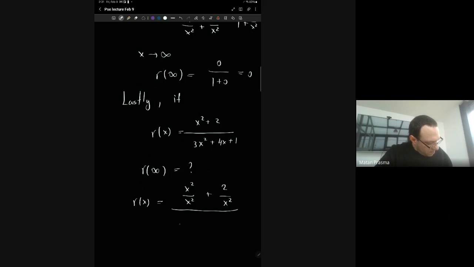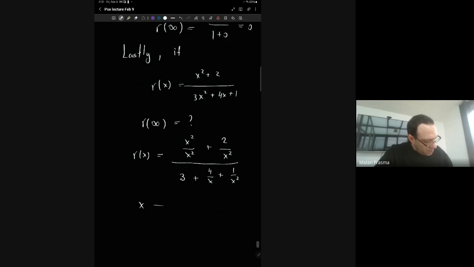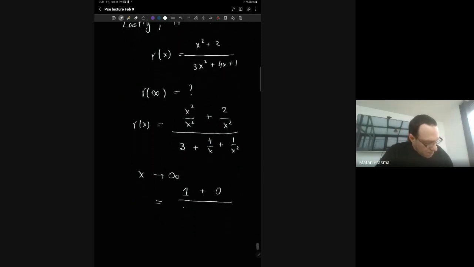Here I get 3 plus 4 over x plus 1 over x squared. When x tends to infinity, I get 1 plus 0 in the numerator, and in the denominator I get 3 plus 0 plus 0.